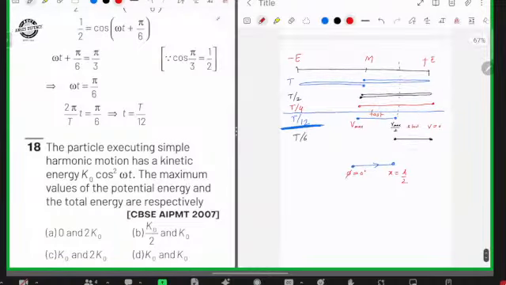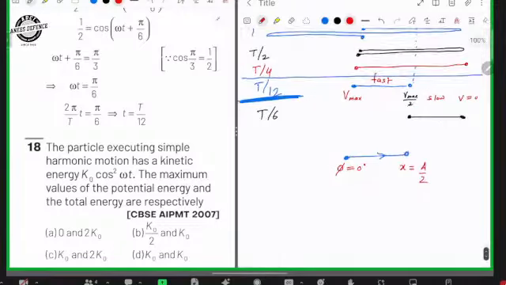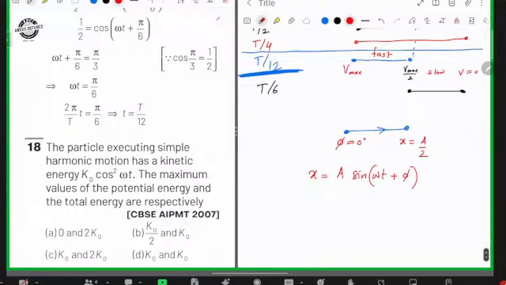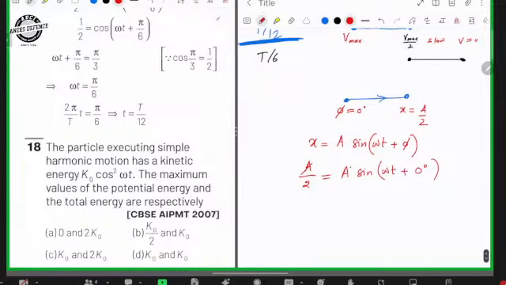Because at extreme position, it is A. The middle point will be A by 2. So substituting in x is equal to A sine omega t plus phi, we need to find time duration for this. So let us put x is equal to A by 2 here. Therefore, A by 2 is equal to A sine omega t plus 0 degree. Correct? So this A gets cancelled.